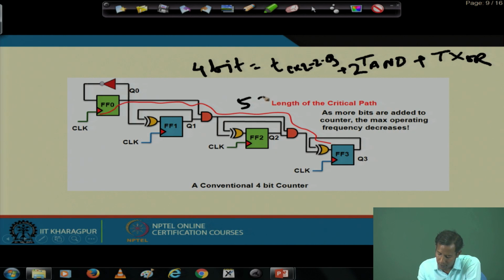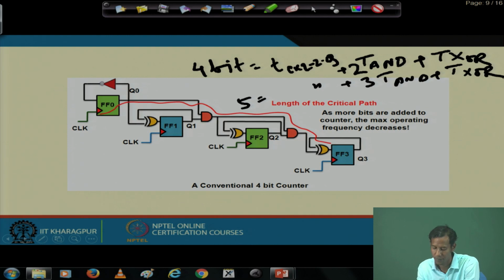For 5-bit, what will it be? It will remain the same plus 3 of T plus T XOR. In the same manner, if we increase the number of bits of this counter, the number of AND gates will increase. Okay.